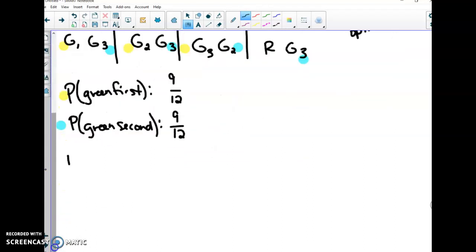And realistically, then how many have green first, then green second? So green first was separated; we're just looking at it as one event. Now P of green first, green second, that is looking at it in total.